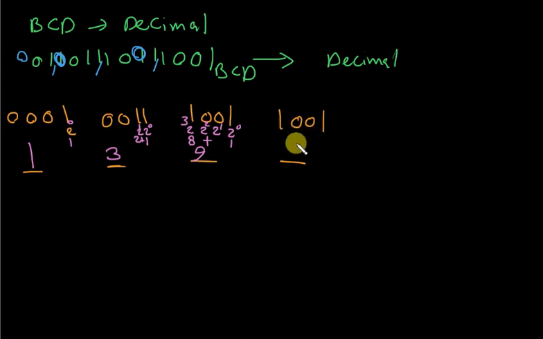Since it is the same thing as here, I'm not going to calculate it again. It's going to be a 9 here. So that means this BCD that we choose here is going to represent this decimal number, which is 1399.